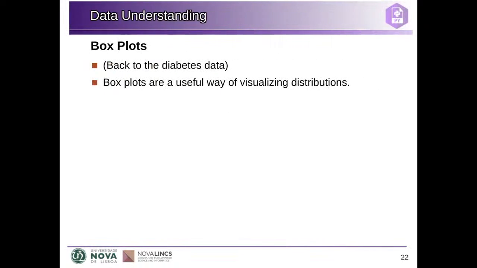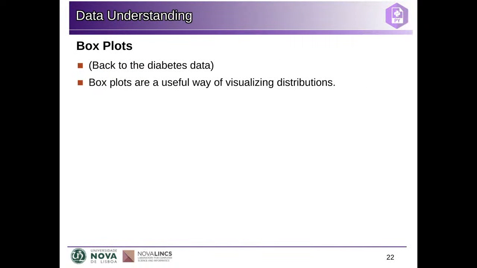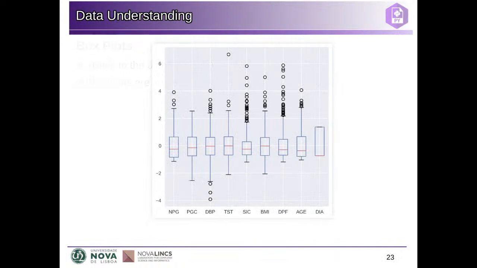And I'm going to return to this diabetes data and just show you one example of visualization using box plots. So a box plot is something like this, which allows you to compare at a glance different distributions of values by looking at these representations.